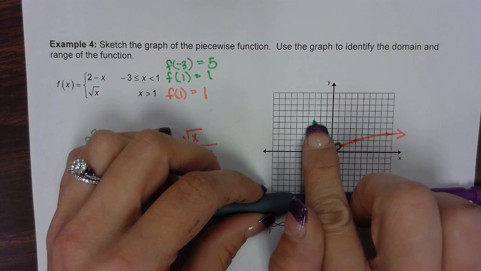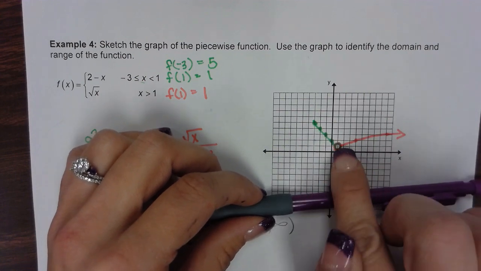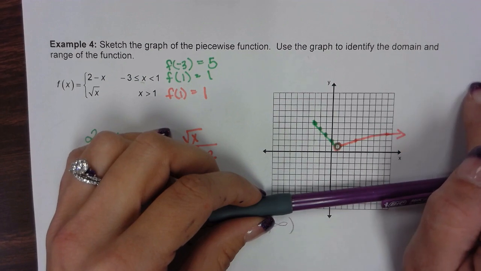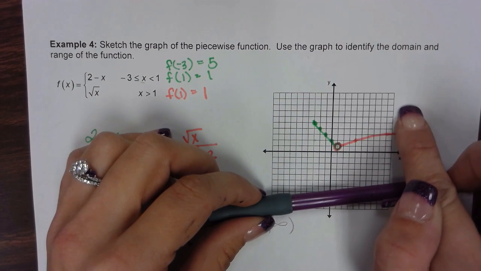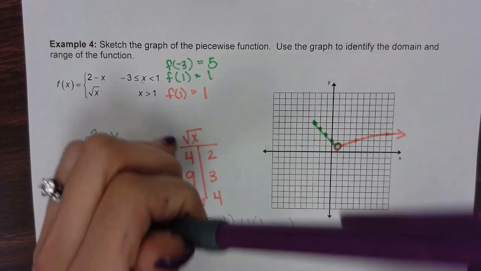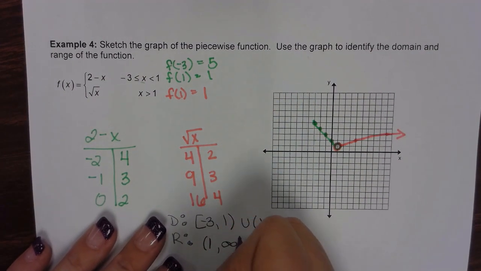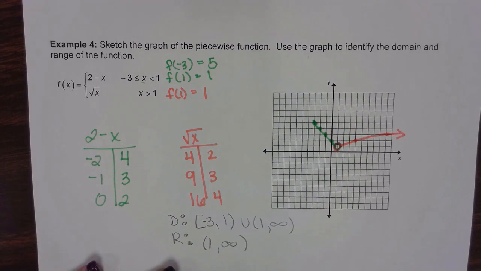Correct? But what you need to keep in mind is this arrow tells me it keeps going on forever. And as you can see, as it keeps going on forever, it will move up. So it goes up all the way to infinity. Alright, try some of that practice on your own.